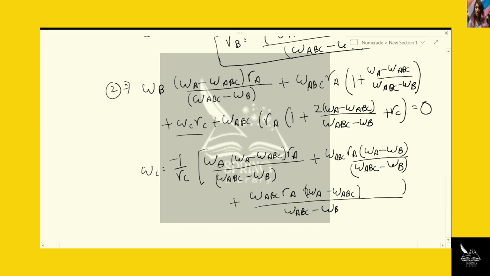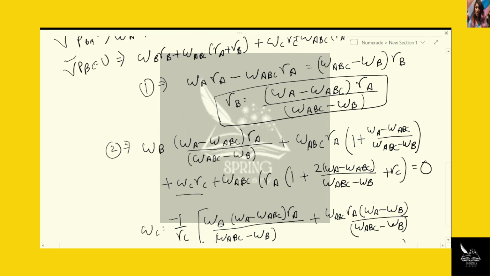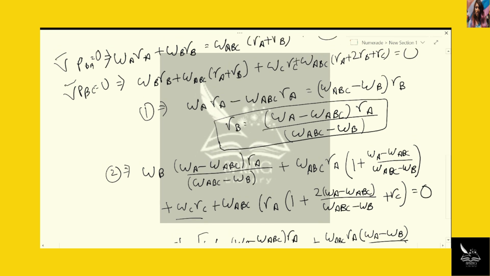Wait, the dimensions are wrong here, so I'm just trying to check if I collected all my terms correctly. So RA plus 2RB, so yeah, the bracket should have finished here, and then we have plus RC.